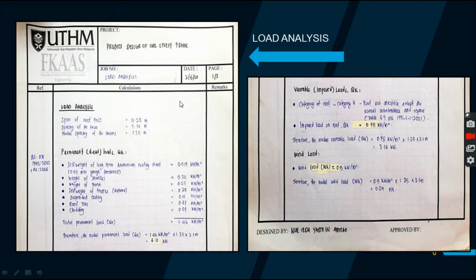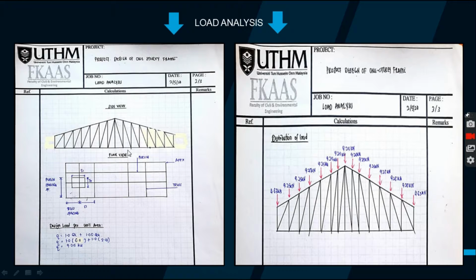So as you can see, here is our manual calculation about the load analysis. Here you can see our applied loading, like I explained just now. And then this is our side view of our truss and the plan view of our truss. So we design the load per unit area using this formula 1.0 GK plus 1.0 QK.